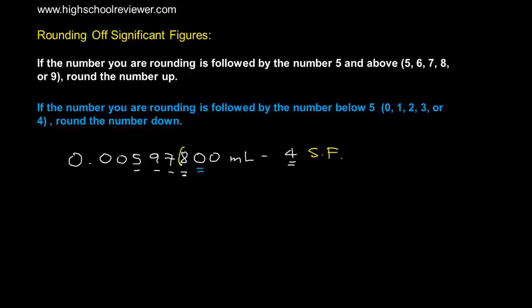So 8 here will be rounded down, so it would still be 8. So we will now have 0.005978, and we are not going to write the zeros anymore, ml. So therefore 0.005978 ml is our final answer.